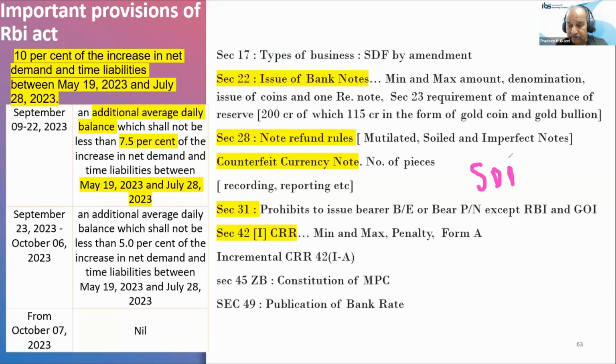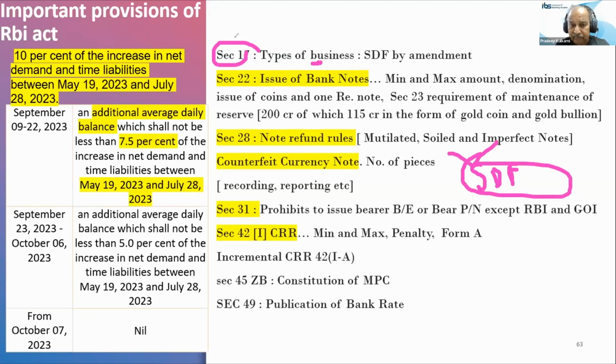And one important question is SDF. What is the standing deposit facility? You know that Section 17 of the Reserve Bank of India Act deals with the kind of deposits the RBI can take. RBI cannot accept deposits that attract interest payment by RBI. But under SDF, RBI pays interest.